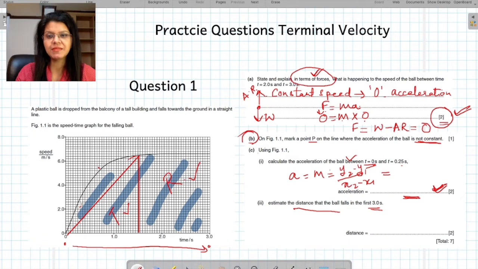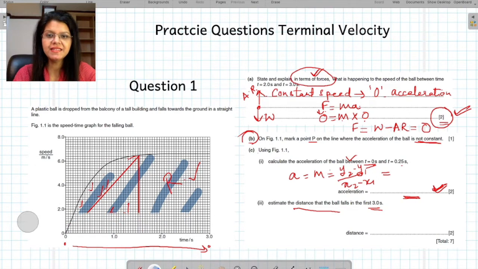You can count the number of blocks and estimate the total distance traveled. You have to estimate the total area, which I have marked as a dashed line here. You'll have to count the number of blocks here to estimate the total area.